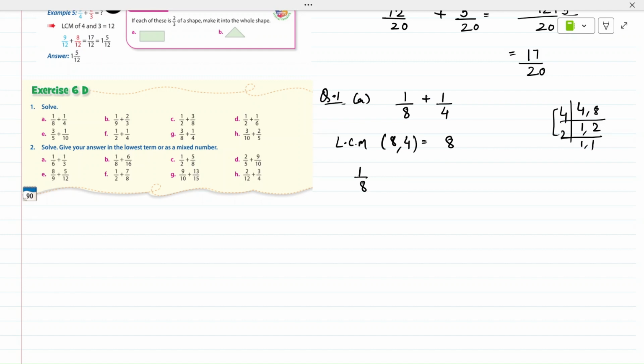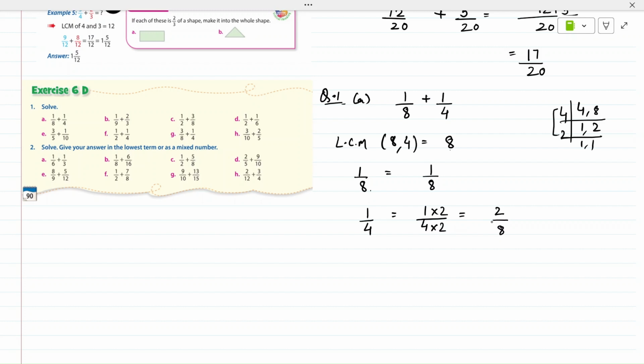Now let us change the fractions. We already have the denominator equal to the LCM, so we need not change it. This will be as is. Now let us change the other fraction, 1 by 4. To make the denominator 8, we have to multiply by 2, and with the same number we have to multiply the numerator also. So this will become 2 by 8.